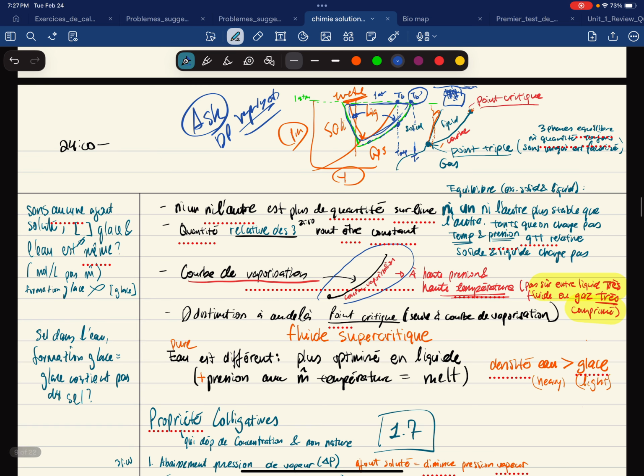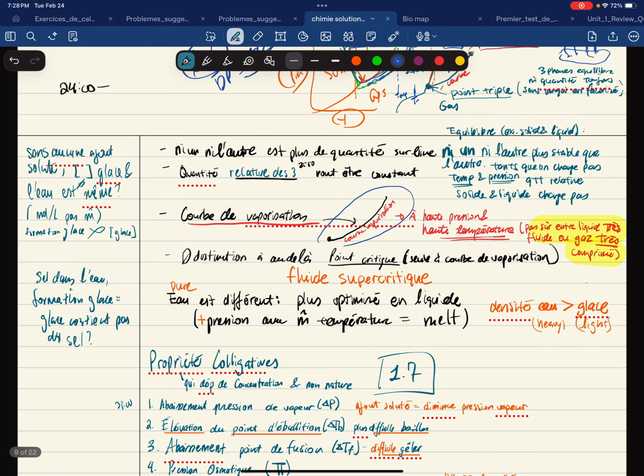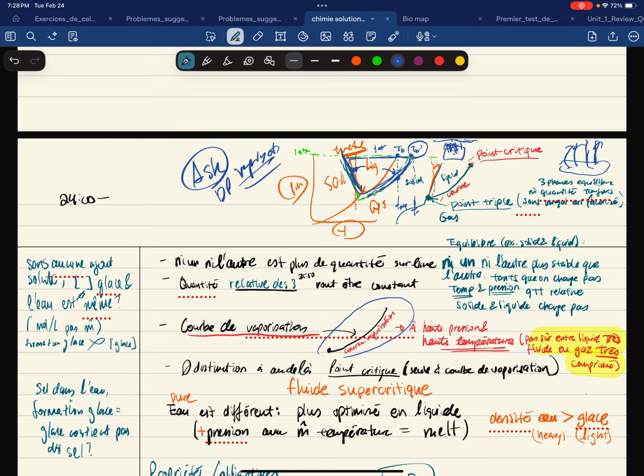Because if they become less volatile, then they will definitely need a higher temperature to vaporize the same amount. So it's all about whether they are able to become gas or not. The more solute you add, the less tendency for them to become gas, so it's gonna be slower. So the curves should be lower, and therefore they will tend to stay liquid, a larger tendency. So yeah, so water, the slope goes down.